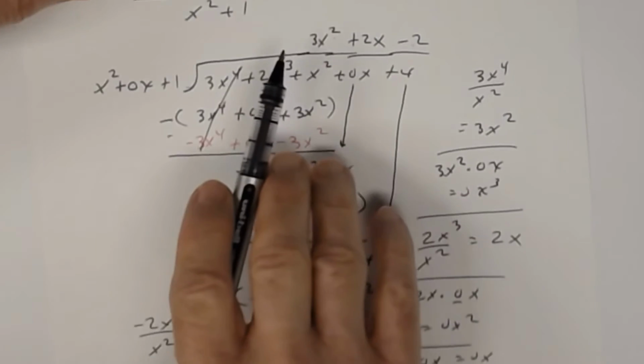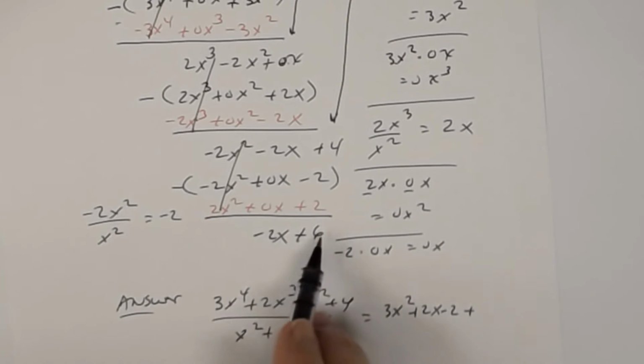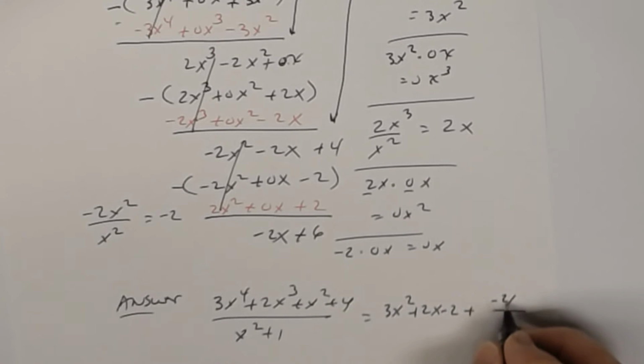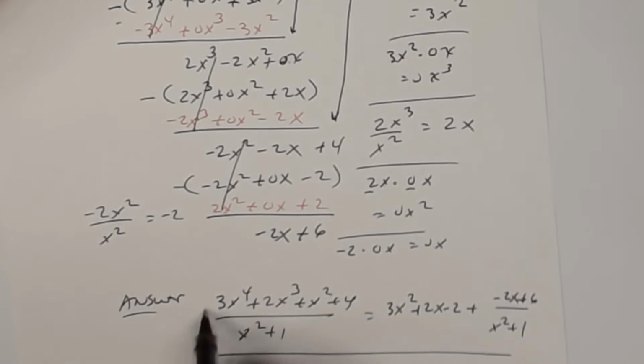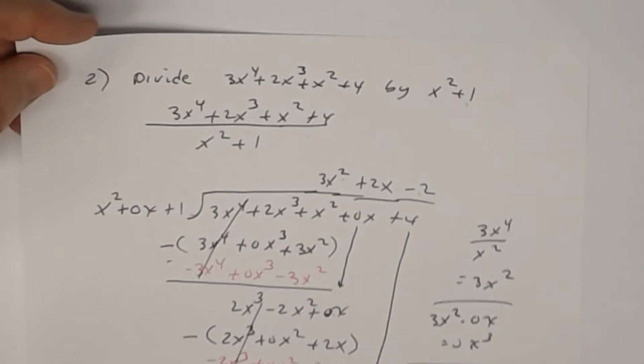So the quotient is this. So that's 3x squared plus 2x minus 2 plus the remainder, which is negative 2x plus 6, divided by the divisor, which is x squared plus 1. And there's your answer. Okay? That's all you do. All right, so that was number 2.